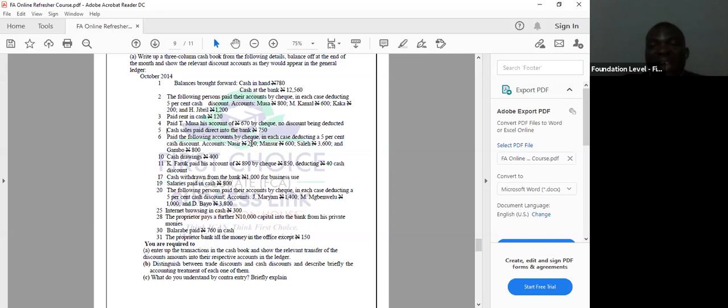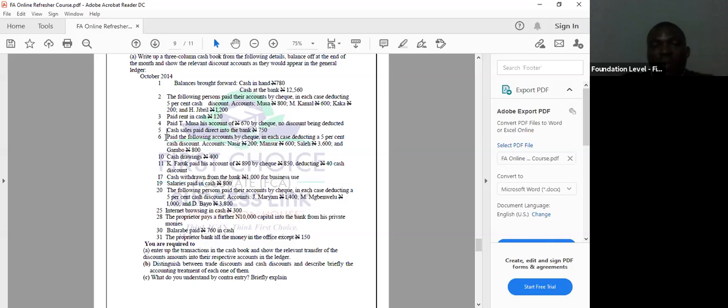But so far as the sales amount was not first paid by cash, but was paid directly into the bank, then we can regard it as what? As sales and bank. Okay? These are the little things that we actually need to be careful of. Cash sales paid directly into the bank, 750. So the sales is directly received into the bank, and that will be 750.